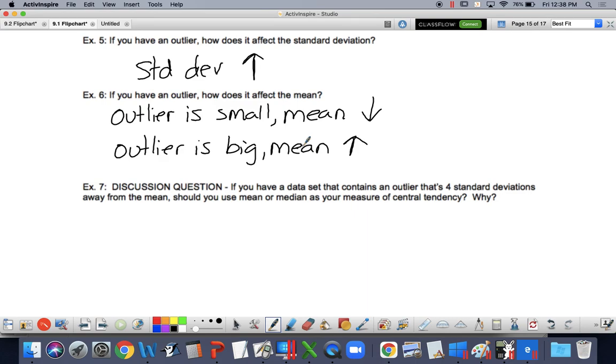I'm going to guess and say mean. You say mean, okay? Why would you use the mean? I feel like if you use median, it won't be quite as accurate because you just get that one that's really far out there compared to the one that's value. So you don't want to exclude that outlier, right? You want to make it count towards your average, or else maybe you wouldn't be telling the whole story.